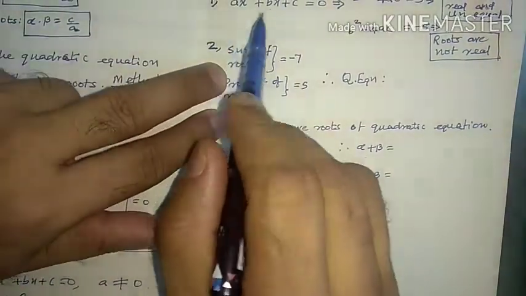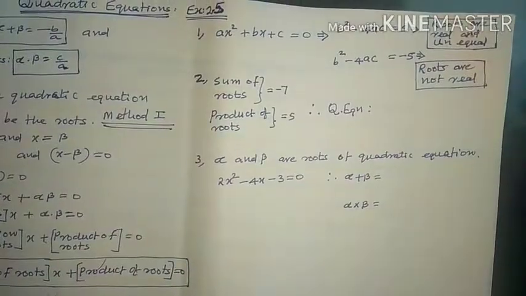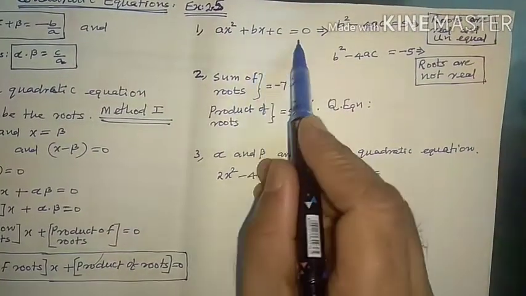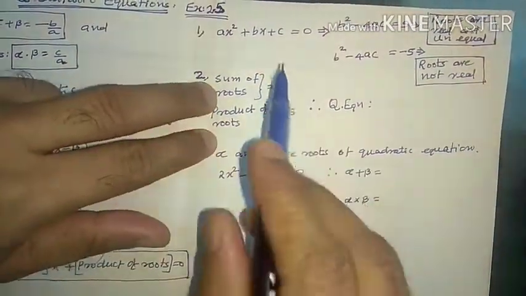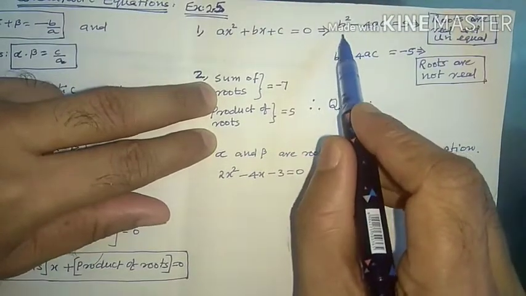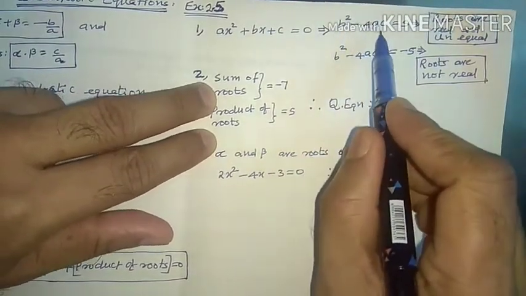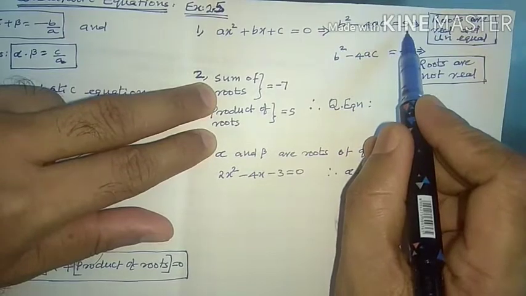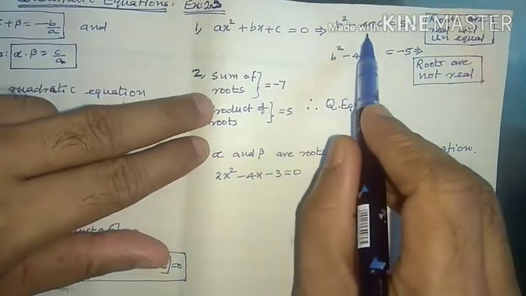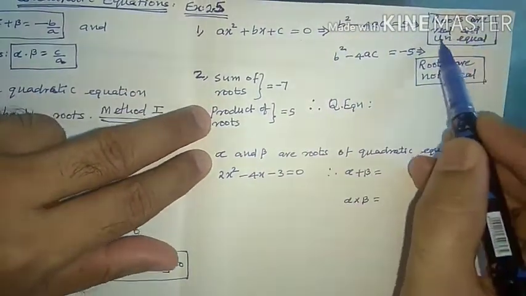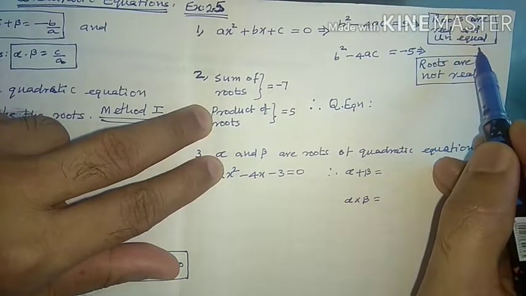Now given equation ax square plus bx plus c equal to 0. The discriminant b square minus 4ac is plus 5. b square minus 4ac is positive. Roots are real and unequal.